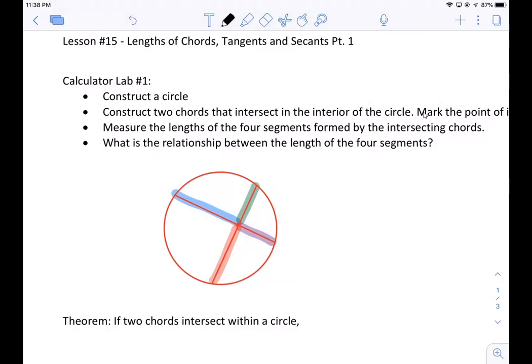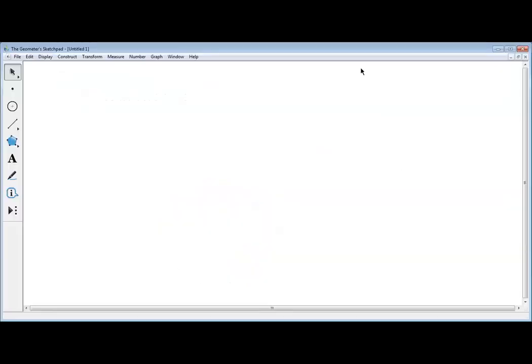All right, so for the 3 of you that are actually doing this on your calculators, go ahead, give it a shot, and I will start mirroring my sketchpad and do it on here, to be a little quicker. If you're doing the lab, hopefully you have a circle, chord number 1, chord number 2, with endpoints on the circle.